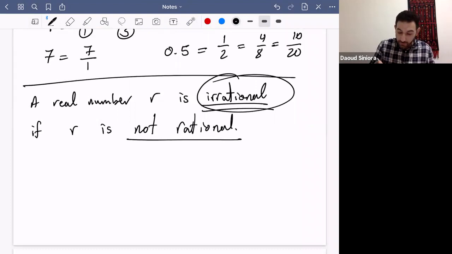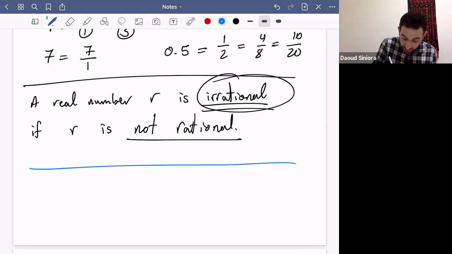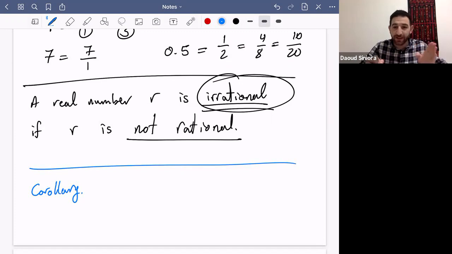So now what we want to do is prove that the number square root of 2 is an irrational number. But before we start proving, I just want to recall a corollary we proved before. We proved in the video about direct proofs that if n is odd, then n squared is odd.